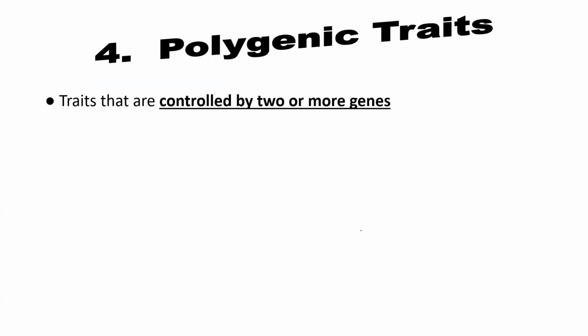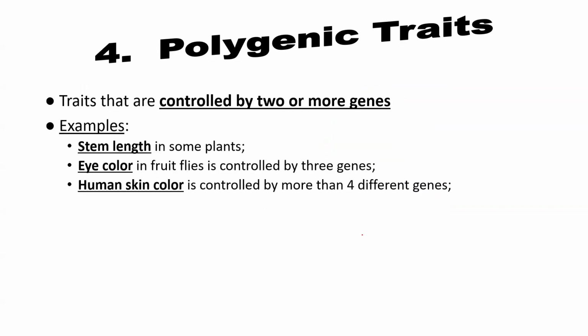Now, we also have something called polygenic traits. So when you have a trait that is controlled by more than 2 genes, right? Now keep in mind, I said genes, not alleles.